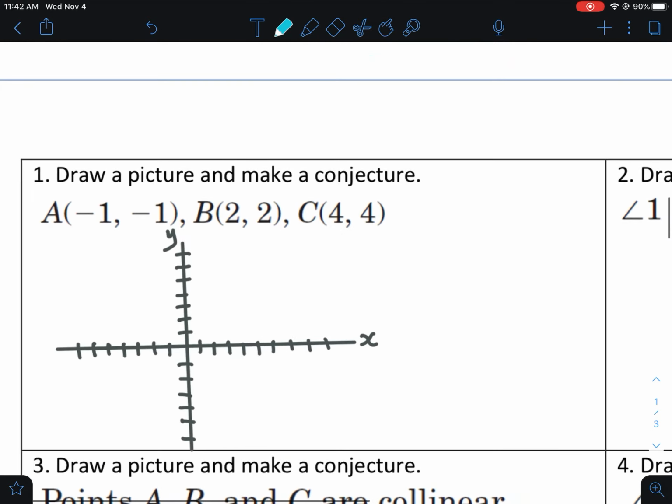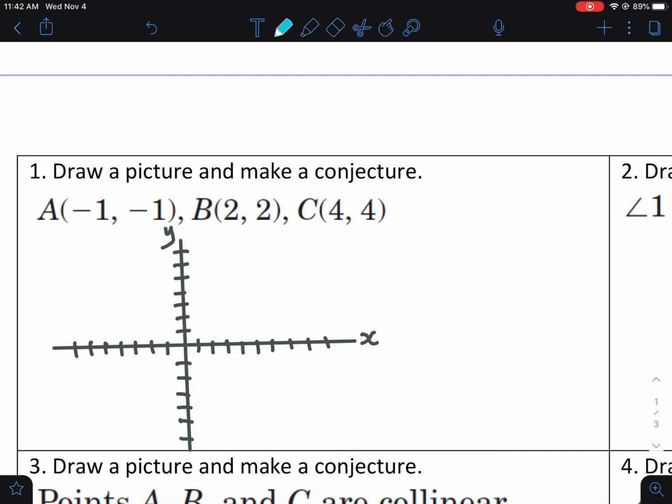More examples. Draw a picture and make a conjecture. I went ahead and made a graph right here. I'm going to graph these points. We have A at -1, -1. We have B at 2, 2. That's A, that's B. And then we have C at 4, 4, somewhere around there. So what is a conjecture that we can make?